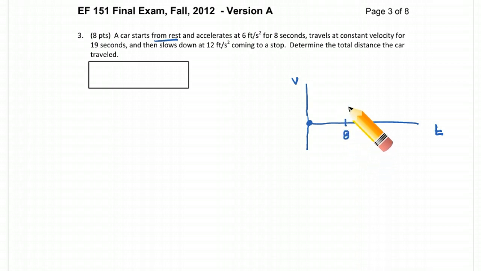So after 8 seconds we've got some constant velocity, and so we will need to find that velocity. So that velocity at 8 is equal to 0, the initial velocity, plus the acceleration times time. So that velocity is 48.